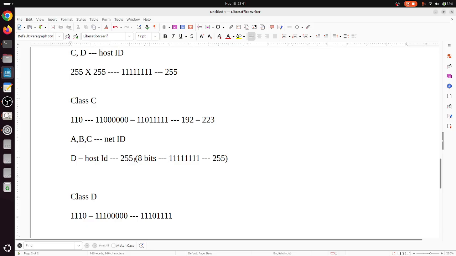So I can have an enormous number of networks, but for every network I can accommodate only 255 systems. If the capacity of the network is understandable, limited or known, and I am constructing only a minimum number of systems, then I prefer class C.